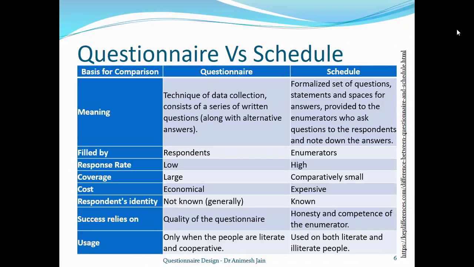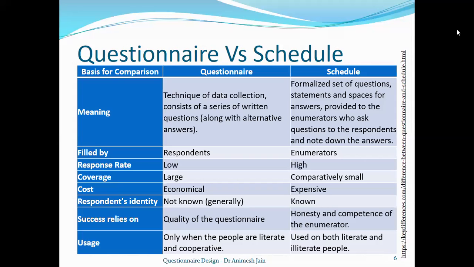Obviously the questionnaire is filled by a respondent, whereas the enumerators or the interviewers will go to respondents and fill it. The response rate of a questionnaire is usually low compared to a schedule. The coverage obviously is larger for a questionnaire because you can send it, and nowadays with the availability of all these tech things like Google Forms, you can just send it to a large number of people, whereas a schedule will be restricted to a smaller number.